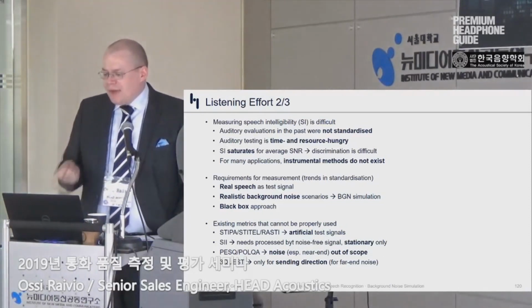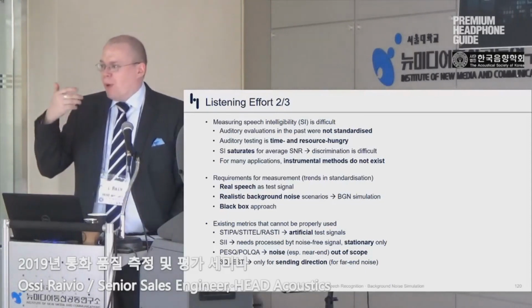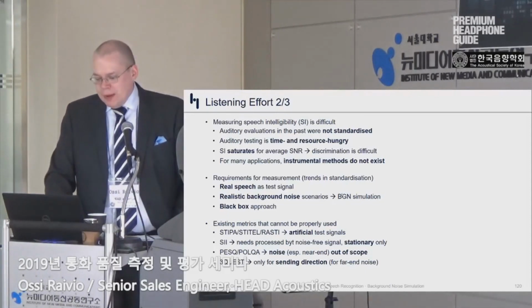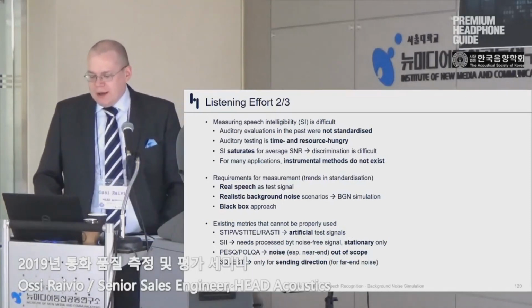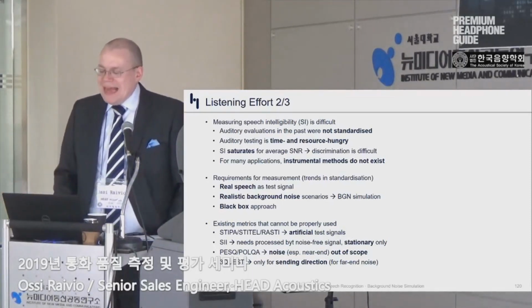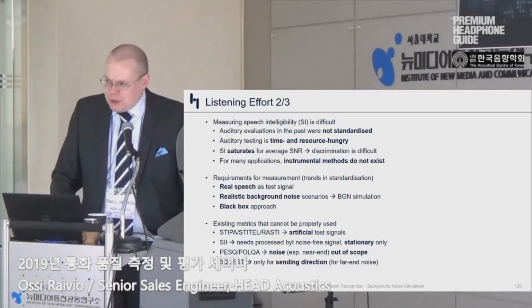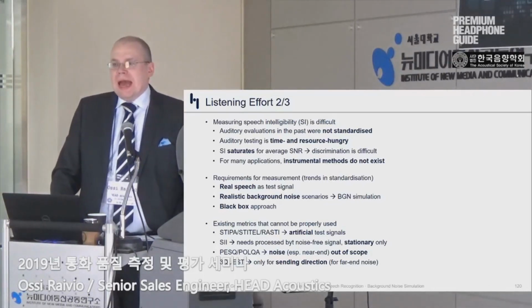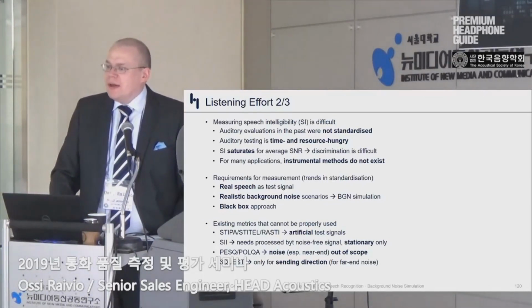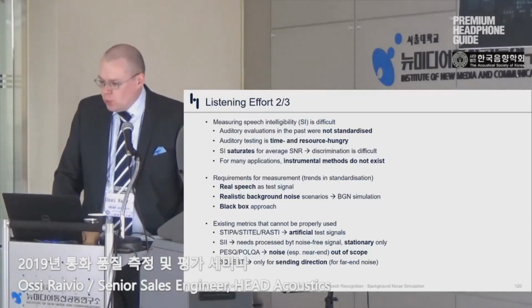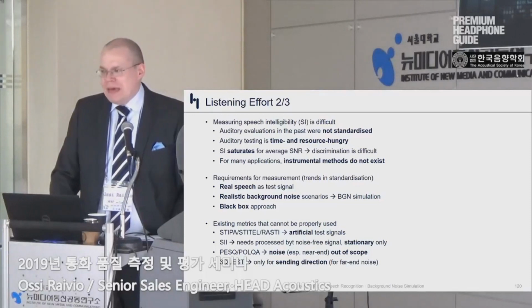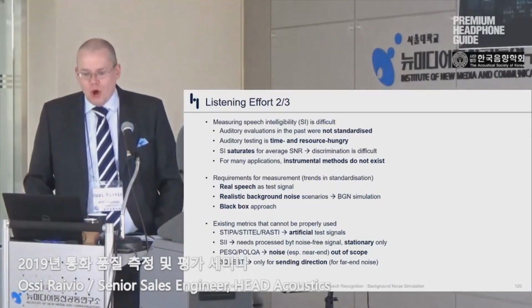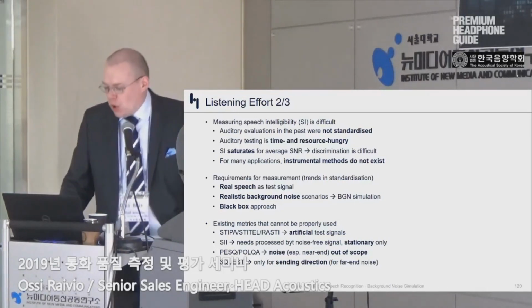There are other algorithms which possibly could be used, but if we are looking at speech transmission index, STI, STIPA, STITEL, RASTI, they are using very artificial test signals, and especially if you have a speech codec included, the STI cannot be used reliably. The algorithm doesn't work with a speech codec.